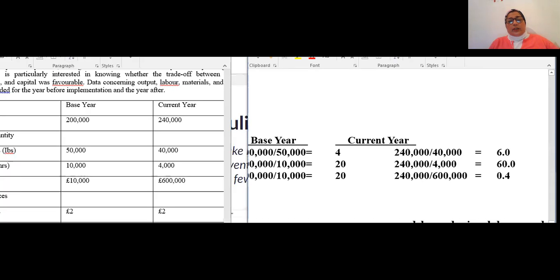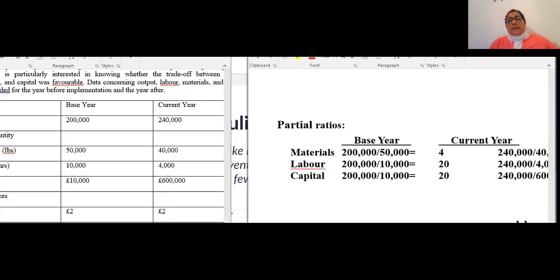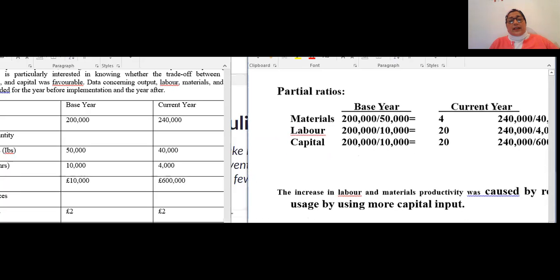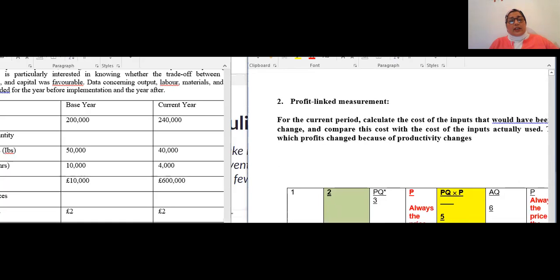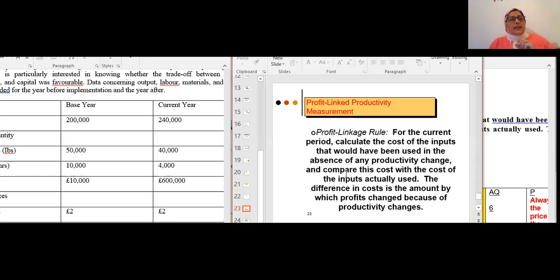The issue is when it comes to calculating the second part. The second part of the question, which is really very important, is to calculate what's called the profit-linked measurement. Let's read here what the profit-linked rule is.